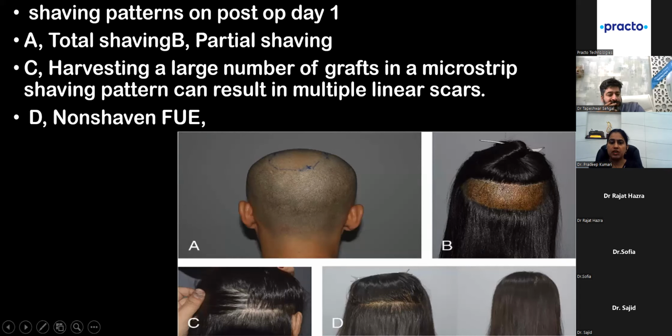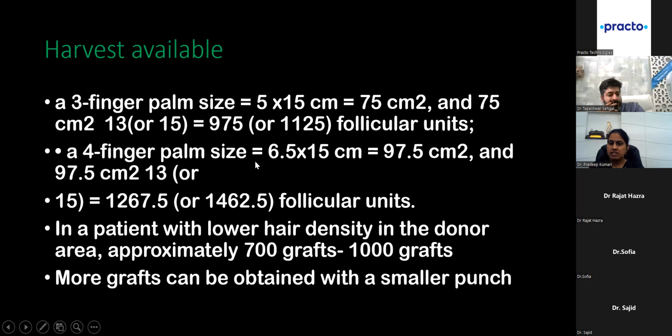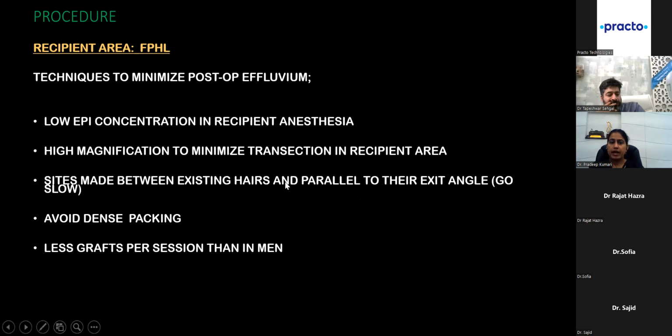But then we have to look at the scenarios where we can't really resort to a full trim or a zonal trim, and then we start looking at the micro zonal trims. So basically this much is the area which is used. Harvest available in females is usually 700 to 1000 grafts, especially when we are making zonal trims, and the risk of effluvium is higher.